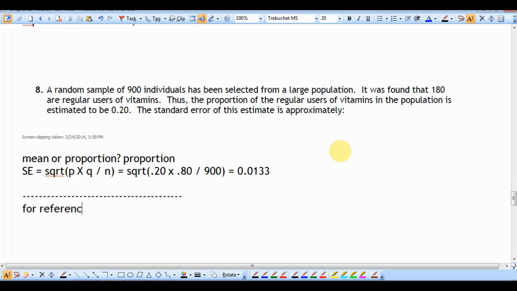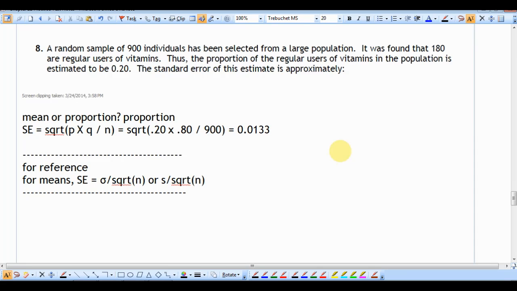For reference, SE for means is equal to s divided by the square root of n, or sigma divided by the square root of n. Again, that's just for reference. That has nothing to do with this problem.